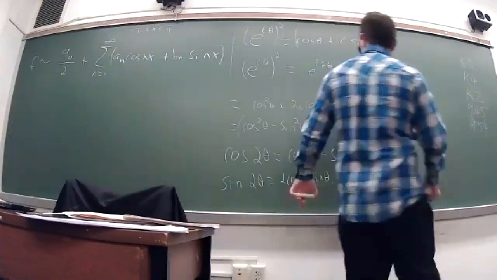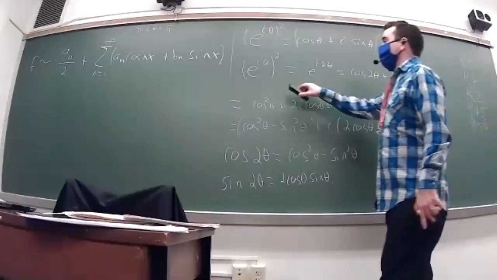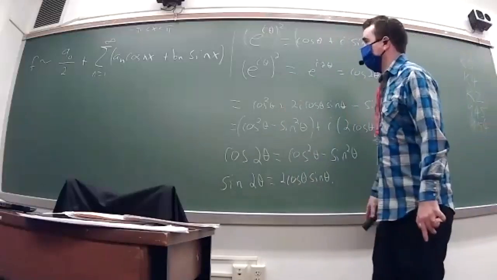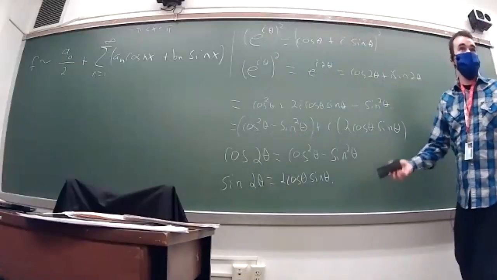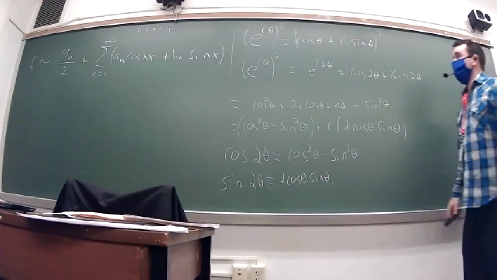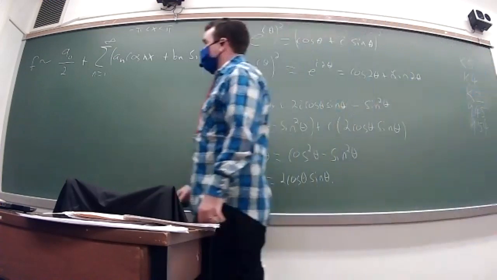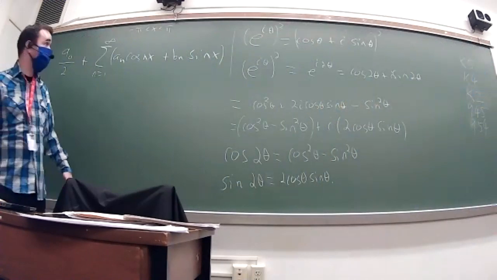What I'm about to show you reminds me of this, because it just turns out that working with these complex exponentials is kind of elegant and easy. And that's why mathematicians tend to use them for their Fourier series nowadays.